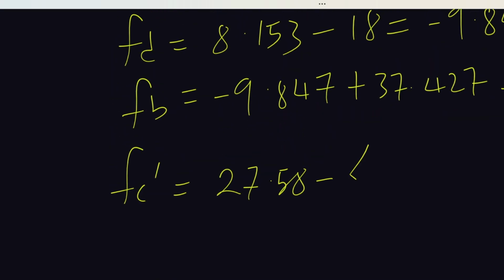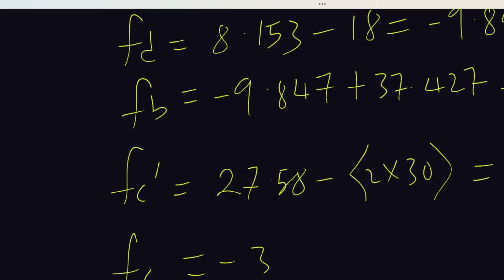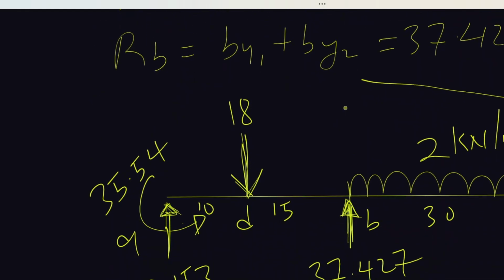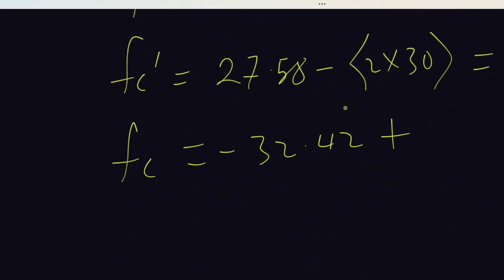So 2 times 30. So as for the final effects of the UDL, FC is minus 32.42 plus 32, so 0, correct, 0 kilonewtons.